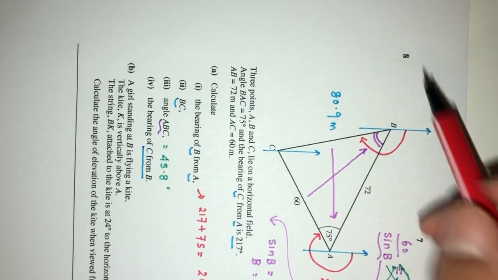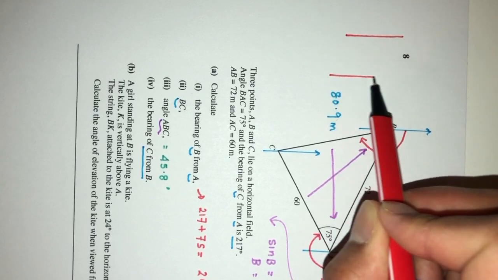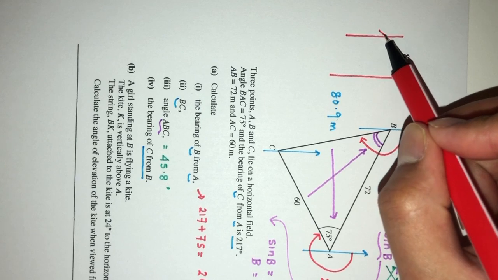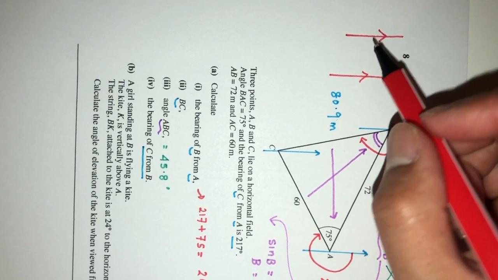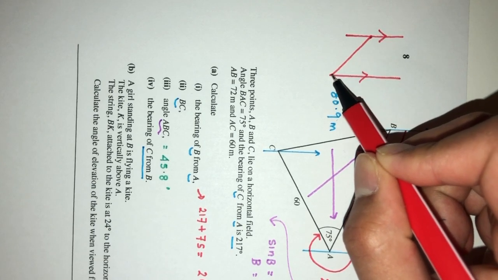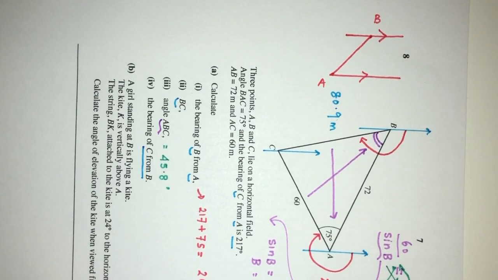As we have seen before, if you have two lines which are in the same direction, for example, this line and this line, they're in the same direction. Now B, they join with A, for example. This is A and B, for example.